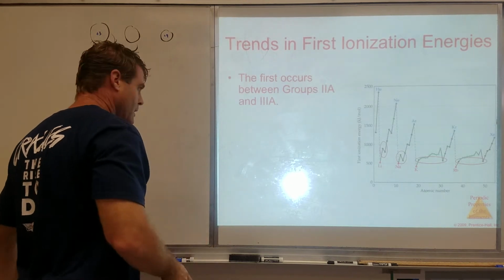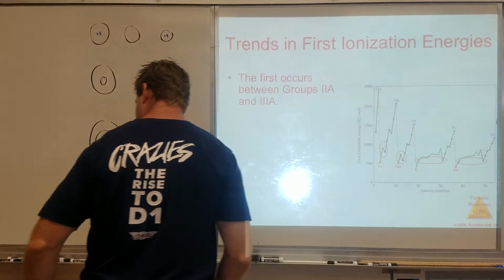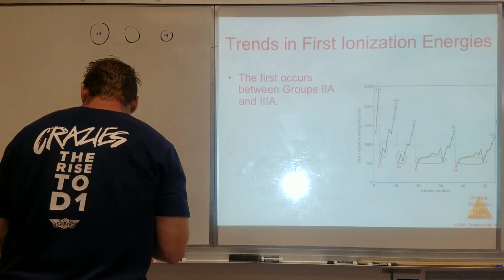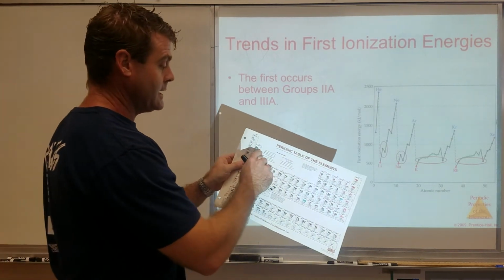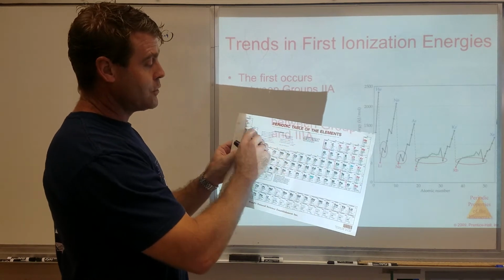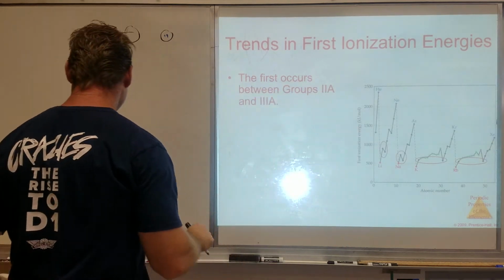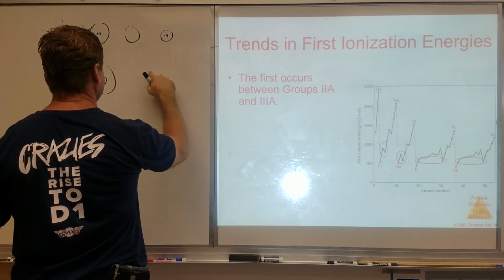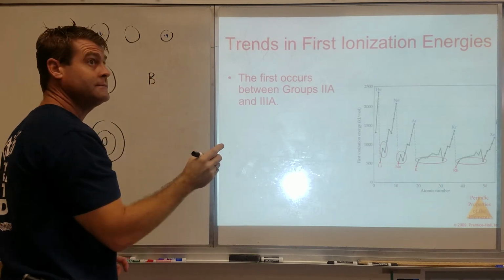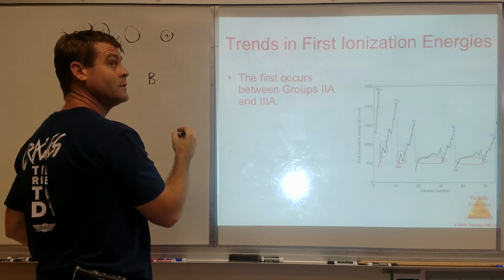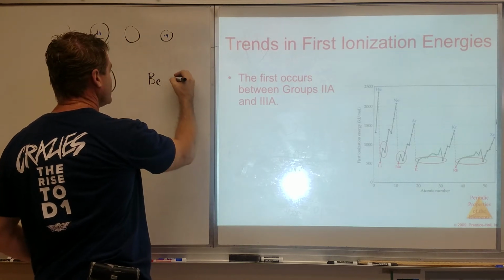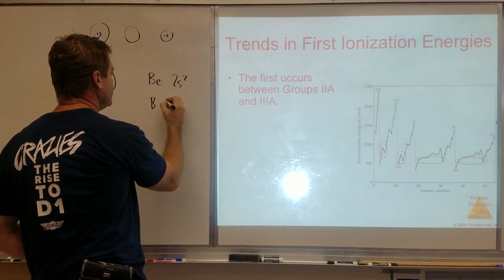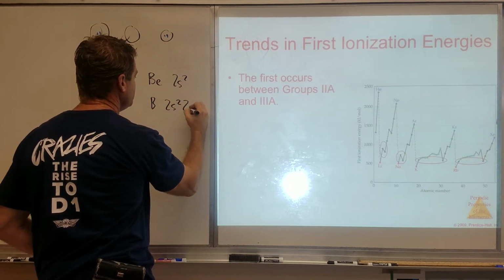One is between group 2 and group 13, between beryllium and boron. Maybe we'll look at the valence electron configuration, beryllium first. Beryllium ends in 2s2, and boron is 2s2 2p1.